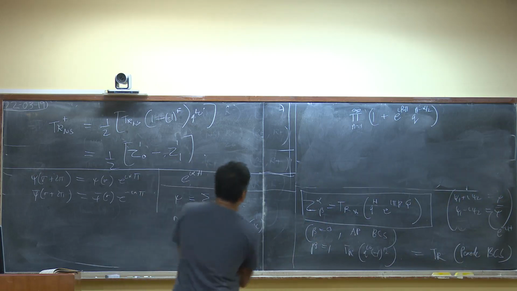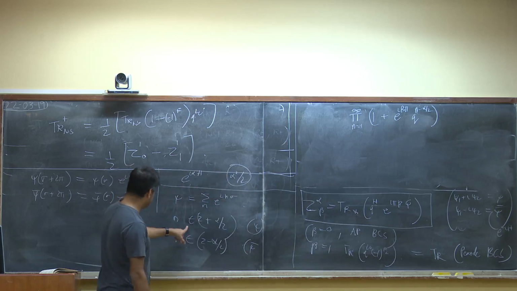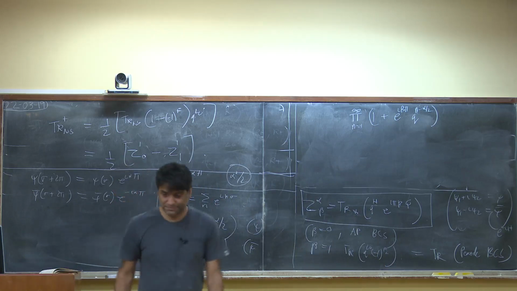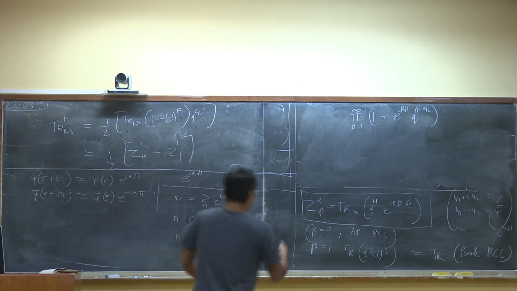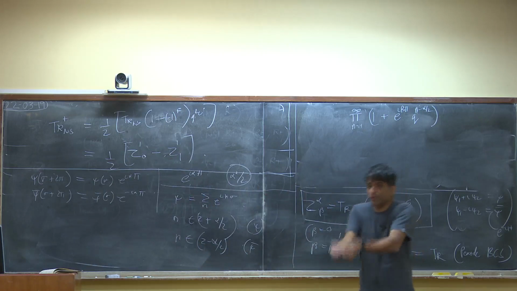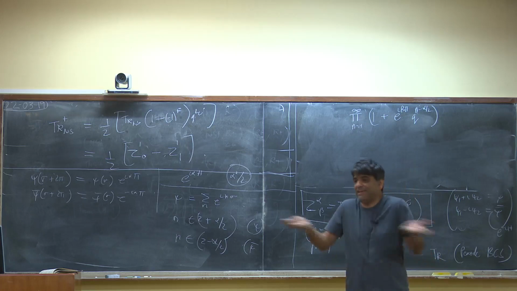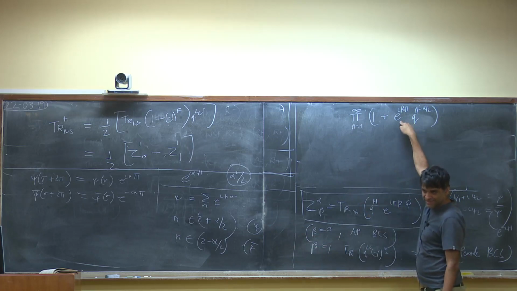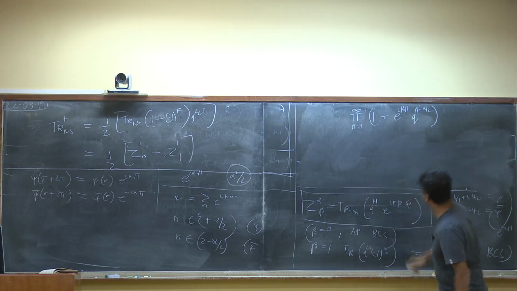Exactly. Then let's look at the other guy. This guy will start with 0. Why is the e to the I beta pi not in the first term as well? It's not in the first term because each psi photon has charge 1. So the psi vacuum is charge 0. This is the charge of the psi photon, and this is the energy of that psi photon in the nth oscillator state.